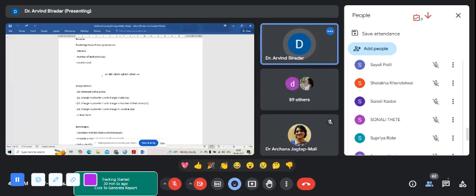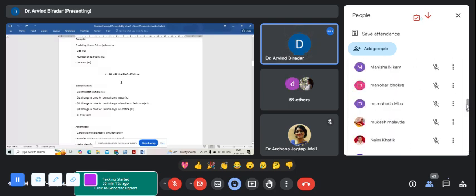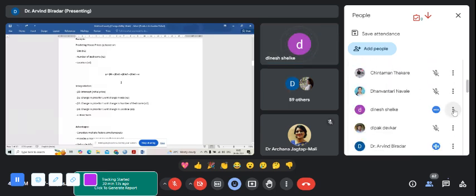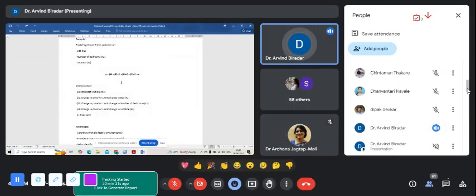So here is the interpretation of these values. Beta naught is what? Initial price. Then beta 1 is the change in price per one unit change in size.